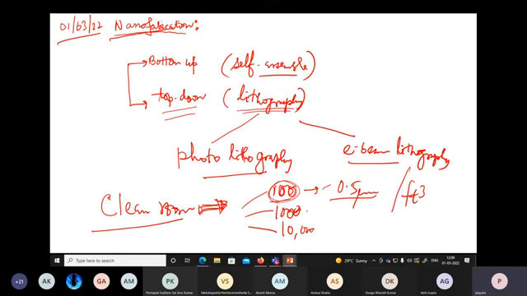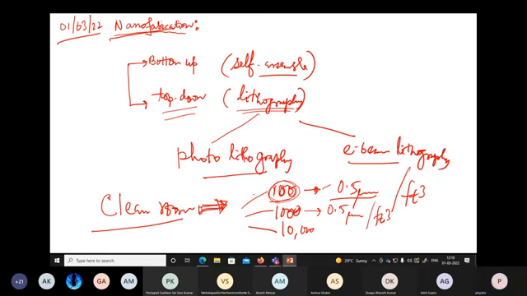Similarly, class 1000 means a maximum of 1000 particles of dimension 0.5 micrometer or larger are allowed per cubic foot. This is how we define a clean room, and we usually do our fabrication processes in a clean room. These clean rooms are very expensive to maintain because you need to continuously run air through a high filtering system.